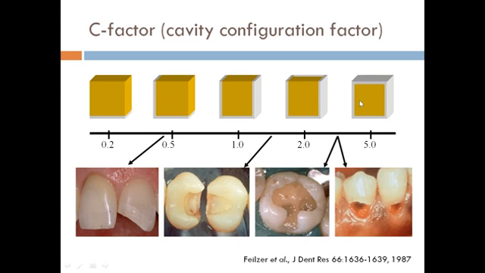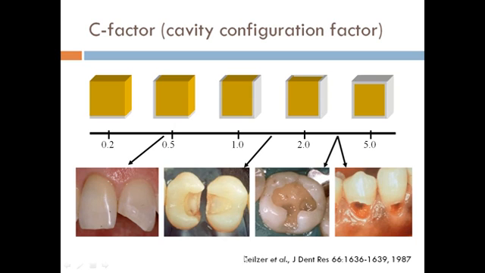If you think of a cube, only one of the faces of a cube in that cavity box is actually going to be bonded. So the C factor here is very low compared to a class 5, as I was just showing you, where if you think of the restoration as a box, you see 5 out of the 6 sides of the cube are not free surfaces, they are bonded surfaces.